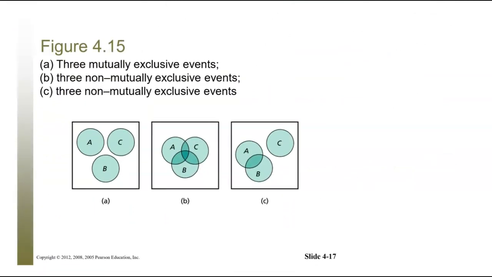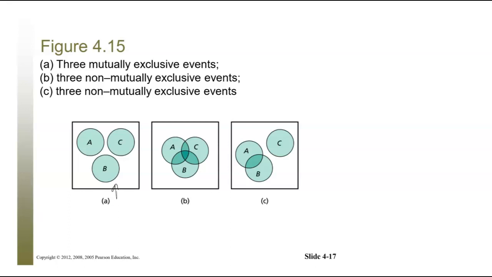When you're dealing with more than two events, sorry, there's a lot of wind outside if you hear that in the background. When you're talking about more than two events, you can either have 3 mutually exclusive events, so that means of those 3 events, nothing is in common.